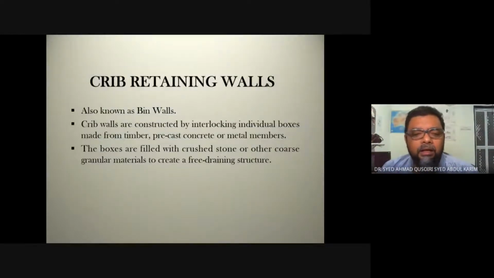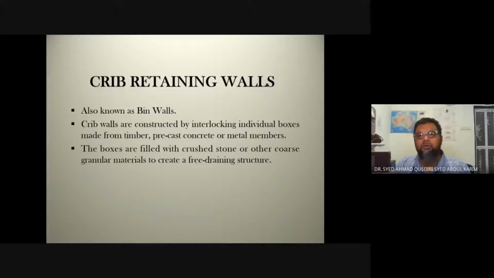And then, by putting these concrete cribs one against the other, we are creating a three-dimensional grid, a three-dimensional box. Okay, it's like we are creating a skeleton of the retaining wall.